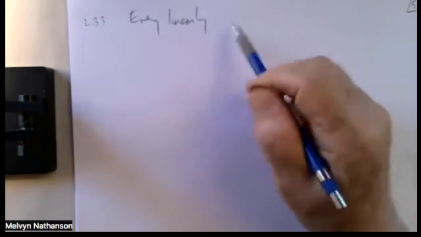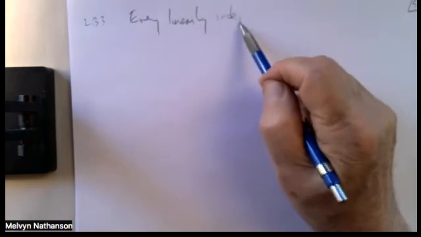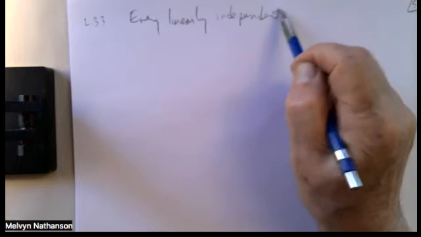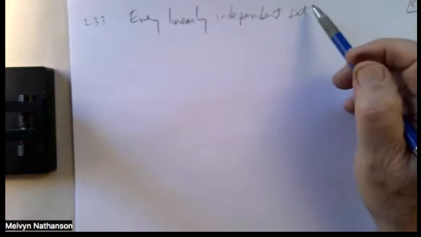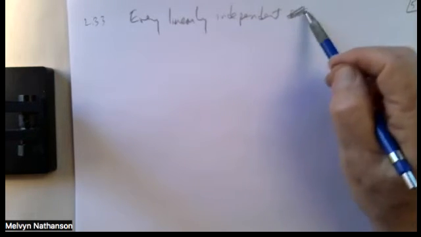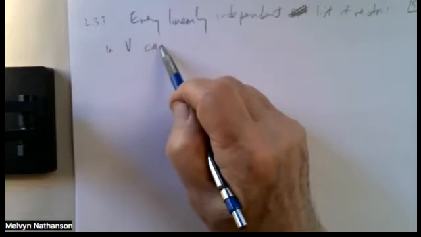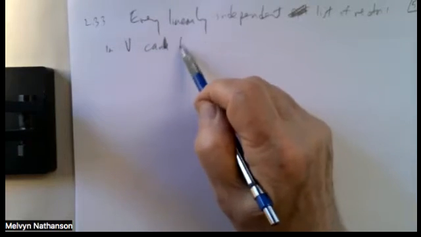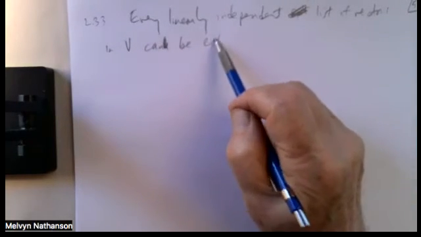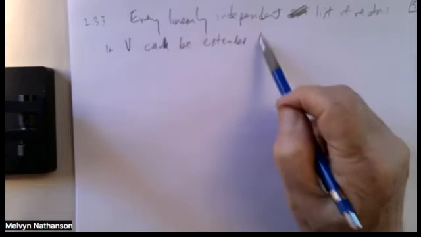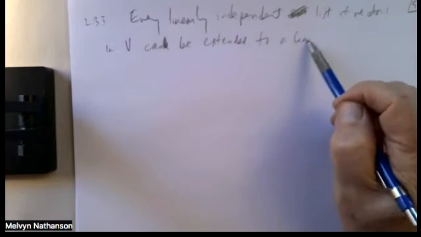Every linearly independent set of vectors, or list of vectors, which is the word the book likes to use, in V can be extended to a basis of V.